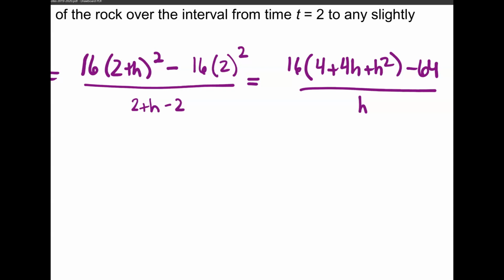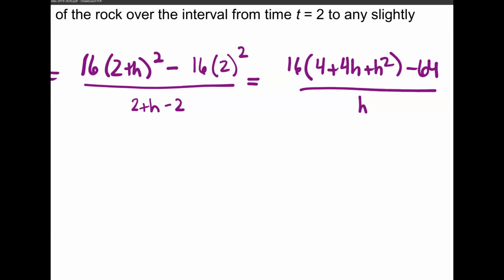So 2 plus h times 2 plus h is going to be 4 plus 2h plus 2h plus h squared. So I just did it in one step. I am confident in your FOILing abilities now that you have done it for 3 different classes: Algebra 1, Algebra 2, and Pre-Calc.